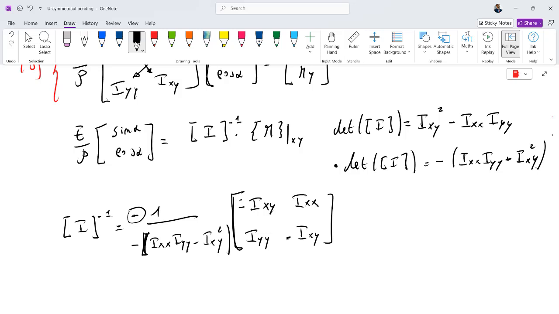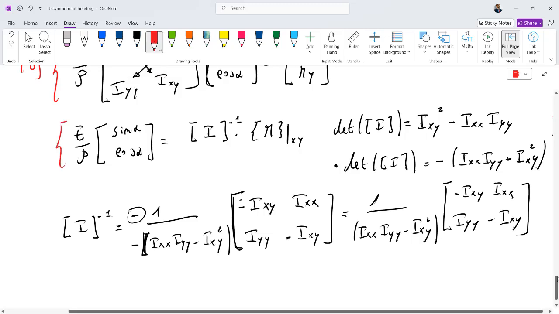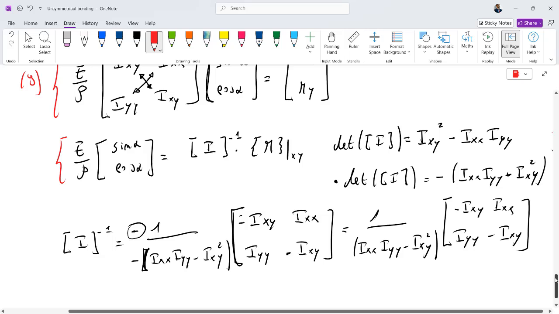So I can simplify these two minus signs to obtain the formulation. When we obtain this, we can return here to formulation number 10.